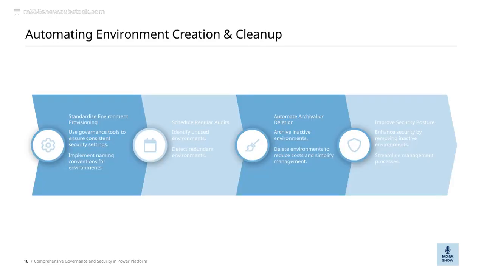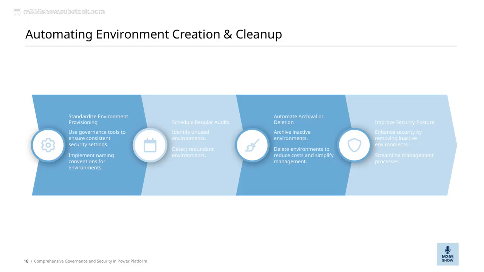Let's talk about automating environment creation and cleanup to strengthen our overall governance and security in the Power Platform. One of the key strategies is to enhance security by removing inactive environments. This helps us reduce potential attack surfaces and keeps our environment more secure. Streamlining management processes is also crucial, making it easier to handle environments at scale.